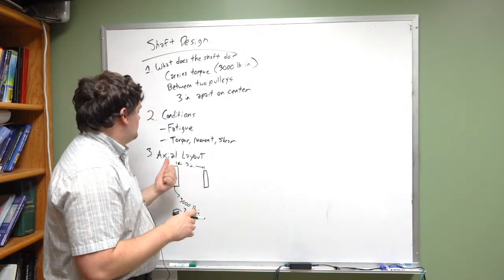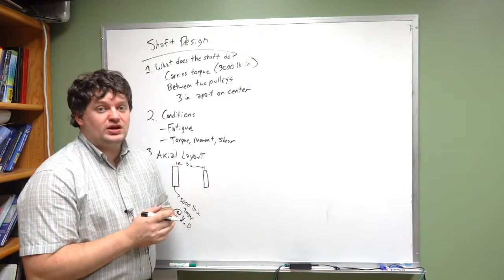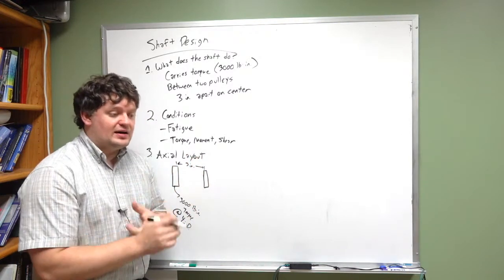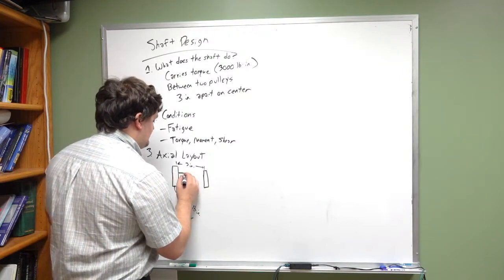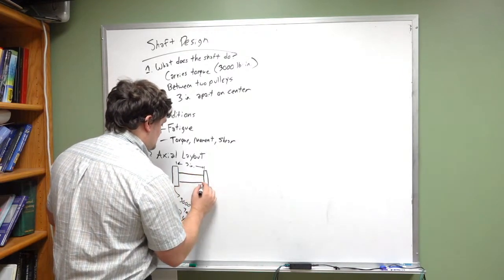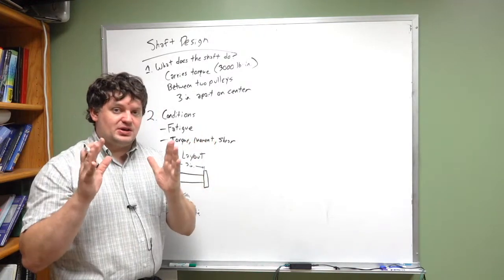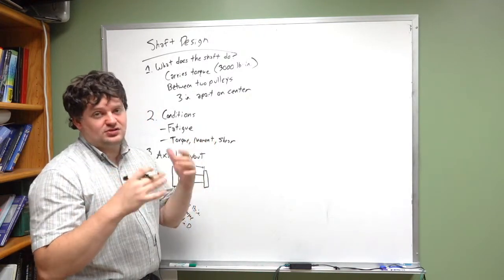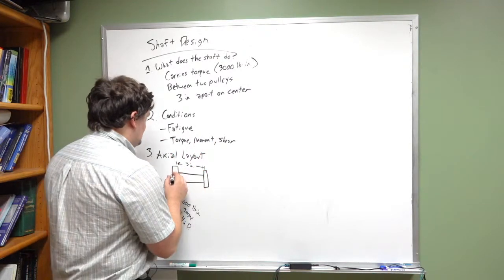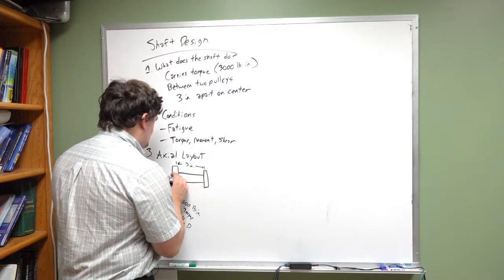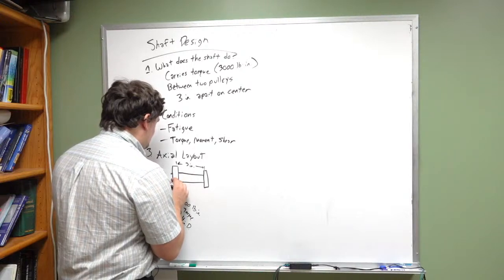Now, with this axial layout, we've got to figure out where our components are. How are our components going to stay in place? Well, if I make this a stepped shaft, then these pulleys are going to butt up against that step on the shaft, and that's going to hold them in place axially. Okay, we'll say I'm going to use a clip ring right here.